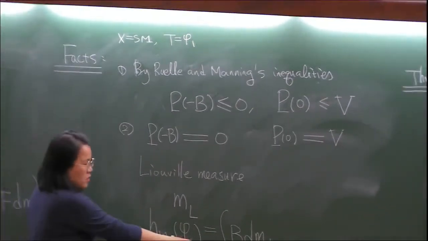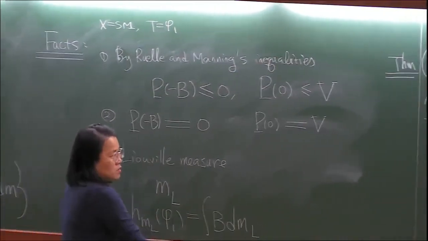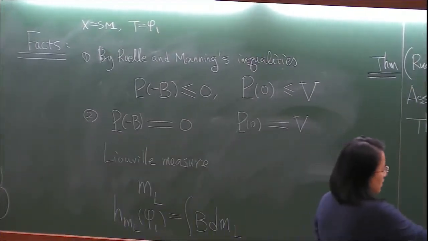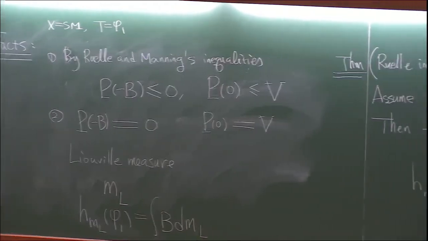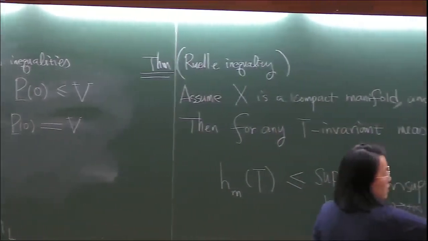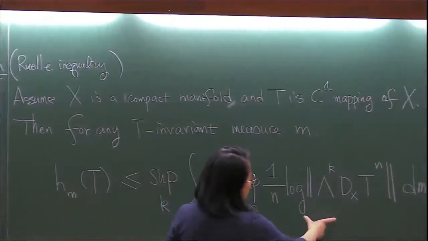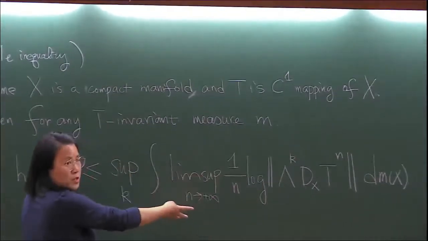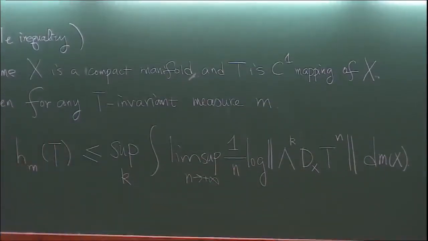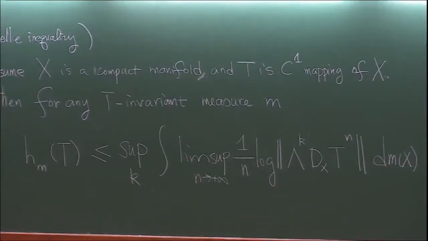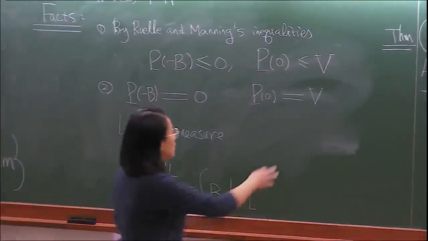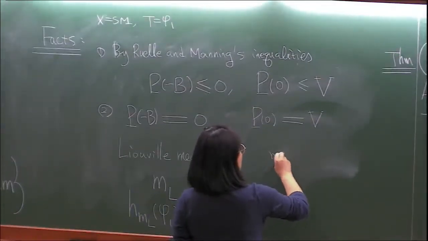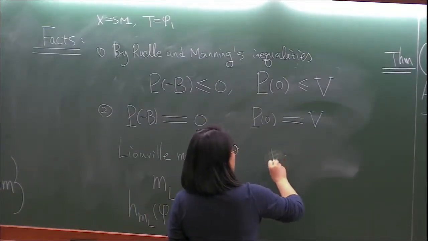But you almost see this, because what can be the entropy for volume? The integral of B with respect to volume is just the maximum possibility of this expanding ratio or the contraction ratio.